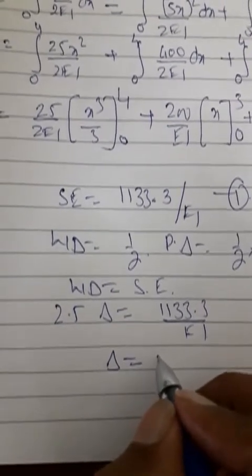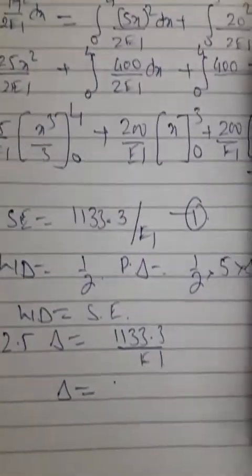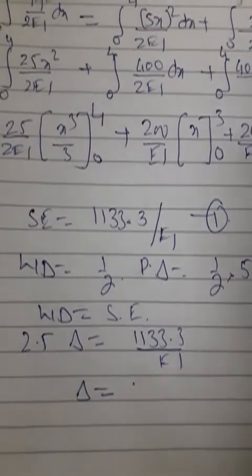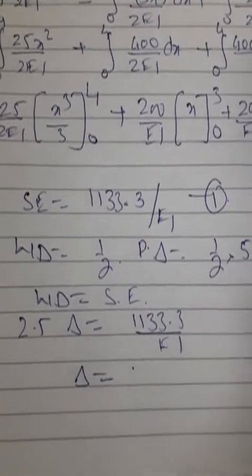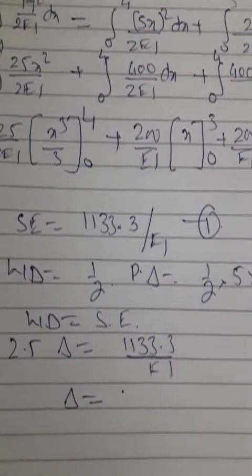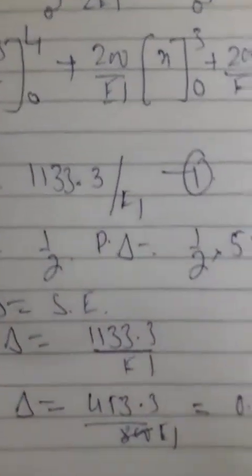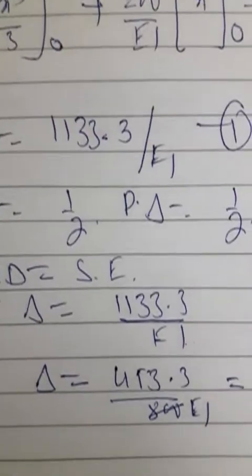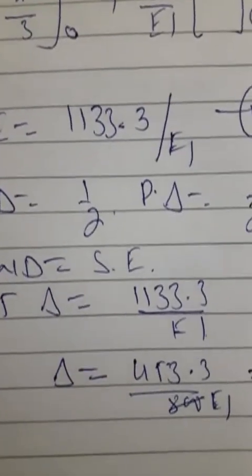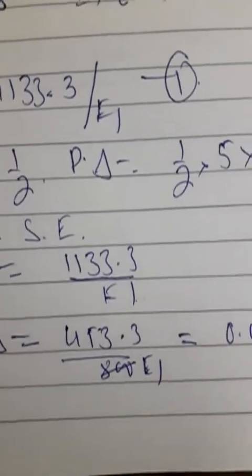So delta is equal to 1133.3 divided by 2.5 EI. Substituting the values, you get 2.5 delta is equal to 1133.3 by EI, or delta is equal to 453.33 by EI.